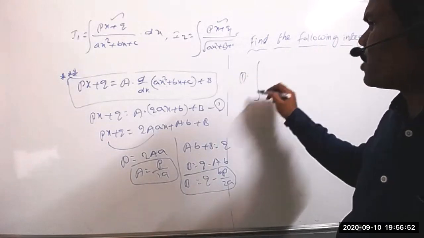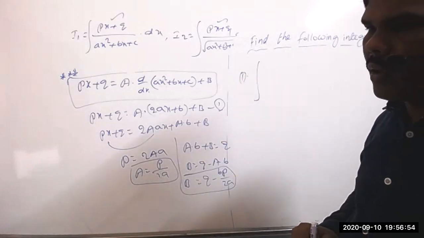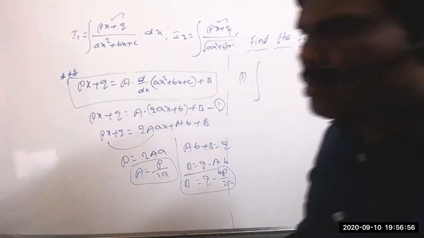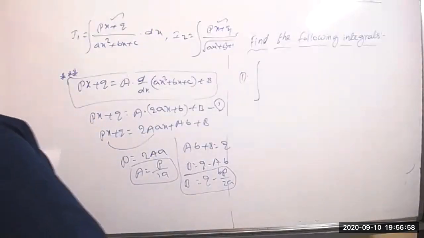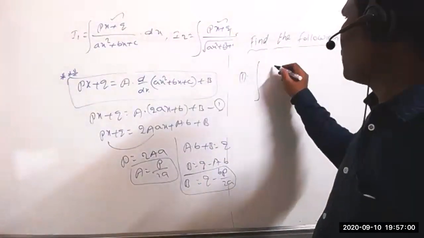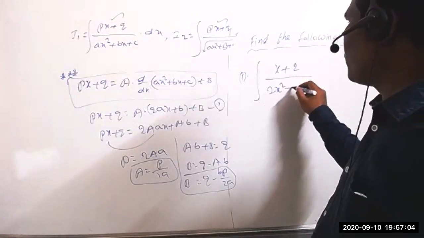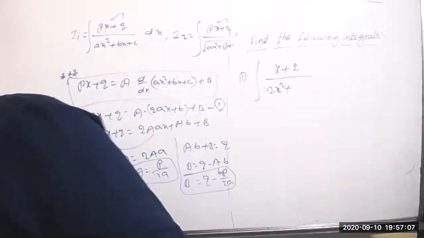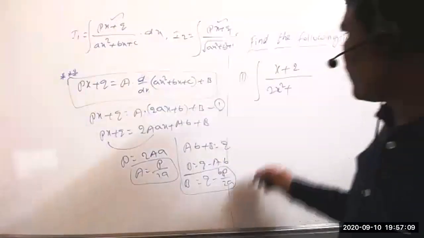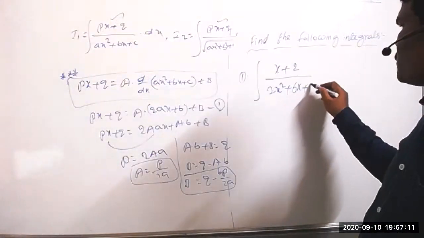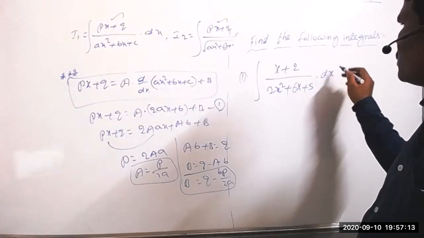First one, integration of x plus 2 by 2x square plus 6x plus 5 into dx.